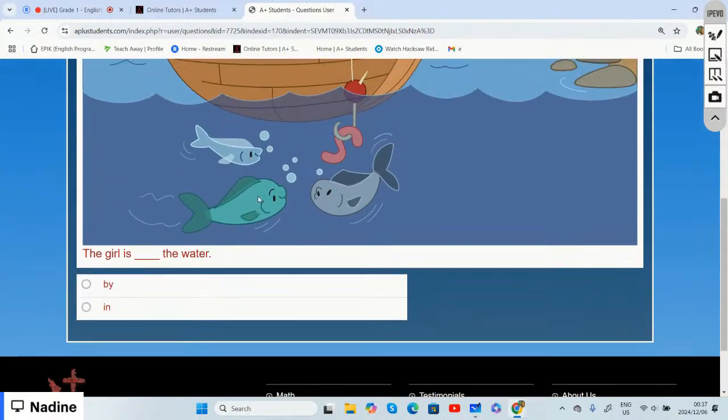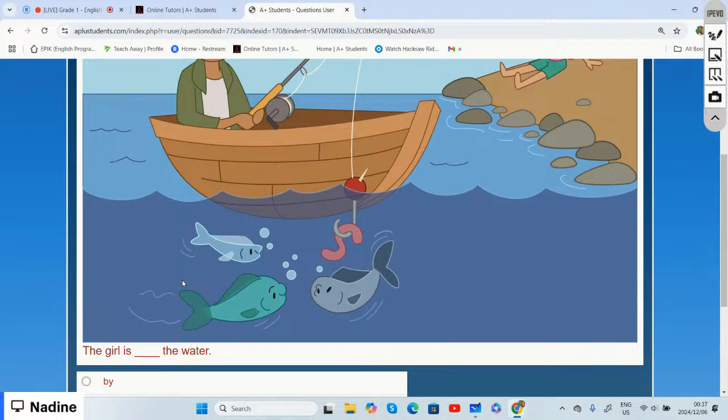We say that the girl is the water. We say the girl is by the water or in the water.